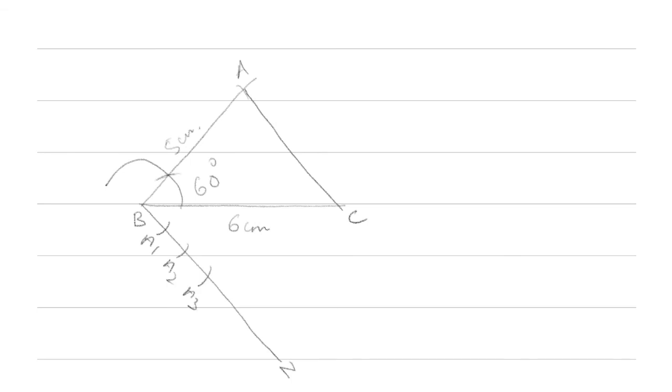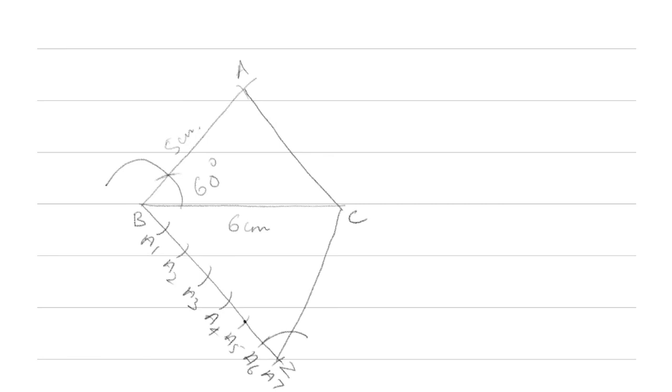This is A3, then A4, A5, A6 and A7. Then we are going to join this A7 to C. Then we are going to measure this angle BZC at A5 because the ratio is 5/7.